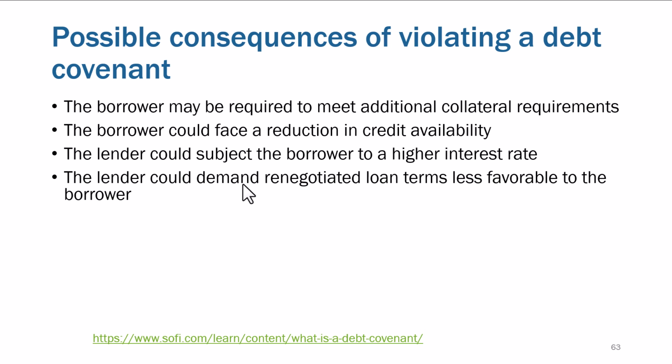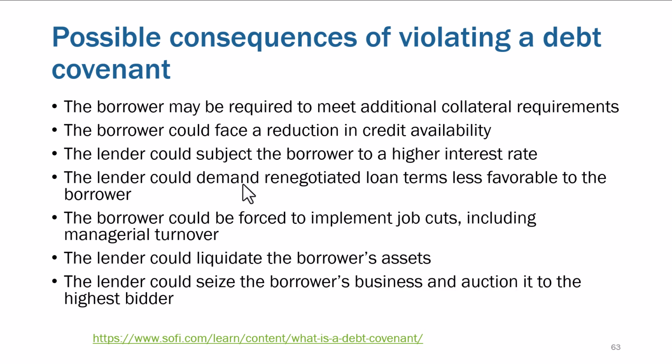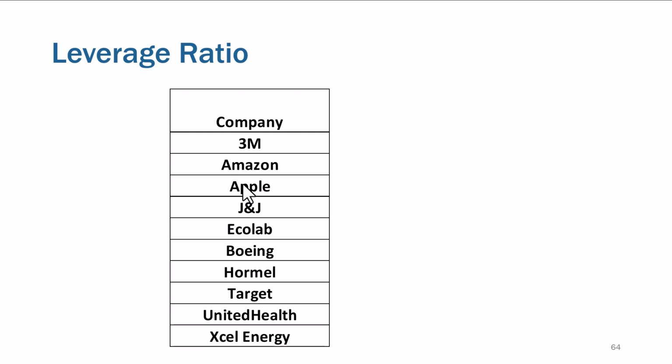They could see their overall terms of the loan renegotiated with a higher rate or shorter repayment schedule. Maybe they have to cut jobs, all right? Maybe they have to liquidate some assets and pay back some debt. In an extreme situation, maybe the lender could seize the borrower's business and auction it off to the highest bidder, more or less force it into bankruptcy. So you don't want to violate a debt covenant.